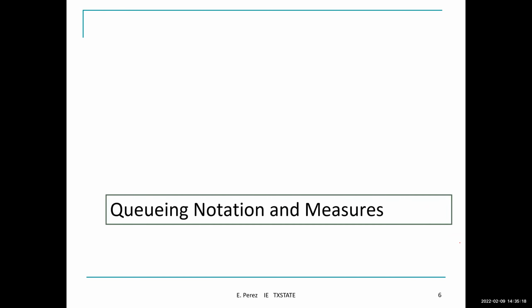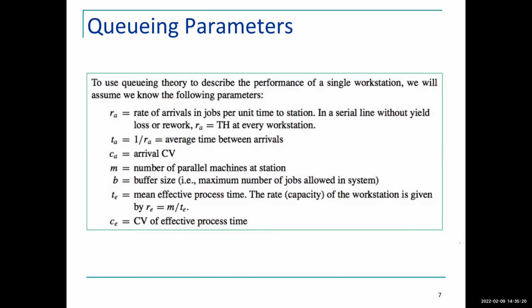So let's define some of the notation and measures that are used in queuing. To use queuing theory to describe the performance of a single workstation, we'll assume that we know the following parameters. RA is the rate of arrivals per unit time to the station. In a serial line without yield loss or rework, RA is equal to the throughput at every workstation.